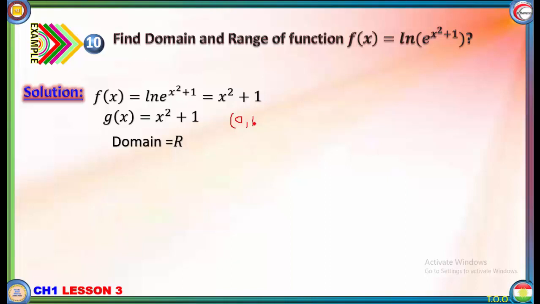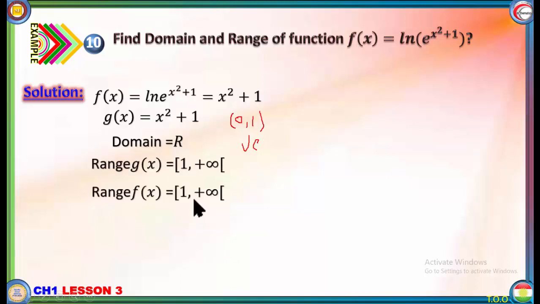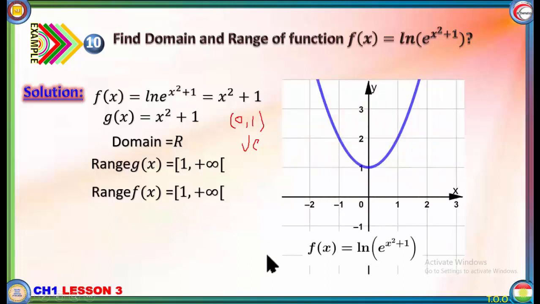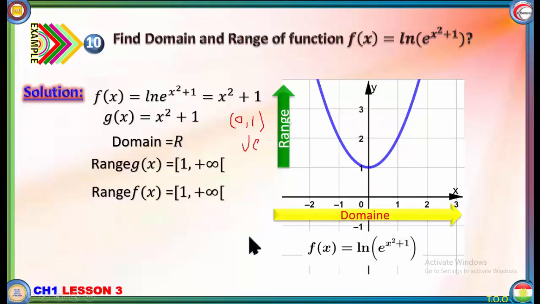Therefore, the vertex is (0, 1), and the range is from 1 to positive infinity, as shown in the graph. Domain is all real numbers, and the range is from 1 to positive infinity.